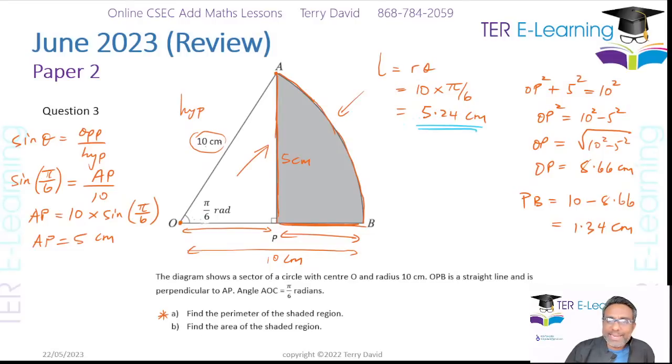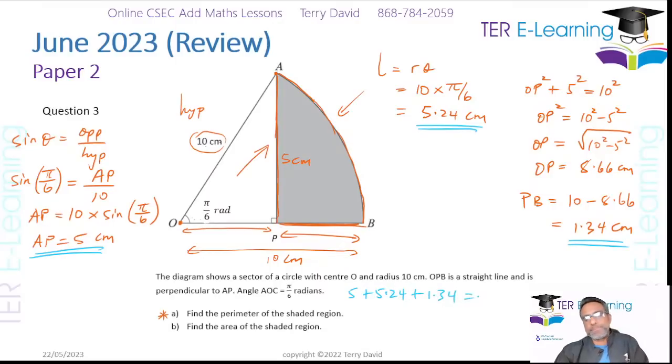We needed to get AP, which is this here, that's 5 cm. And we also needed to get our length PB here. So now, to get the perimeter, all you need to do is add up those numbers. So that's going to be 5 plus 5.24 plus 1.34, and you're going to get 11.58.